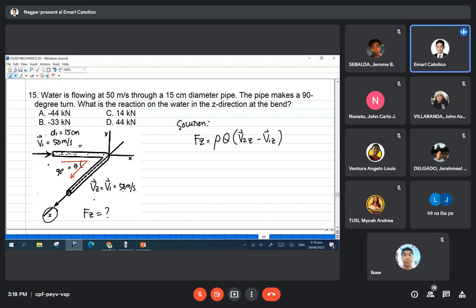Okay? Then at point 2, FC. So velocity at C is 50 meters per second, equal siya sa velocity at 1. Then yung velocity at 2 mo, nung tumama siya dito, V2 is equals to 0 meters per second.